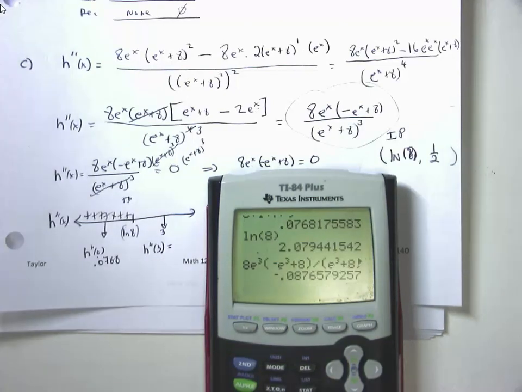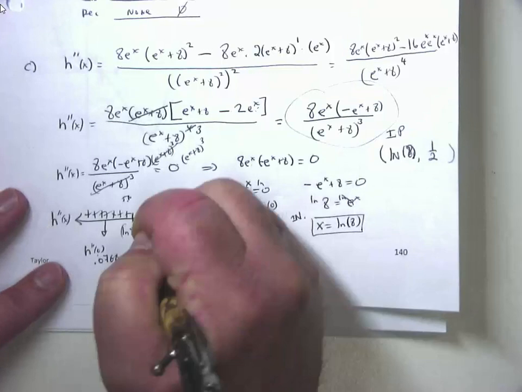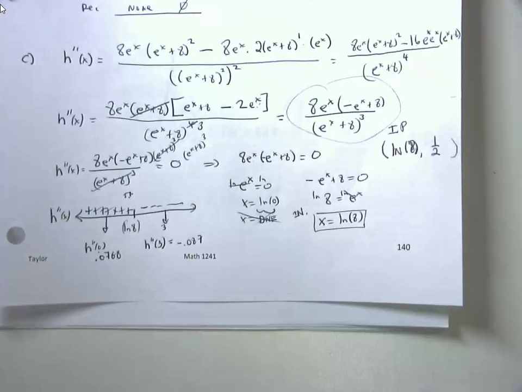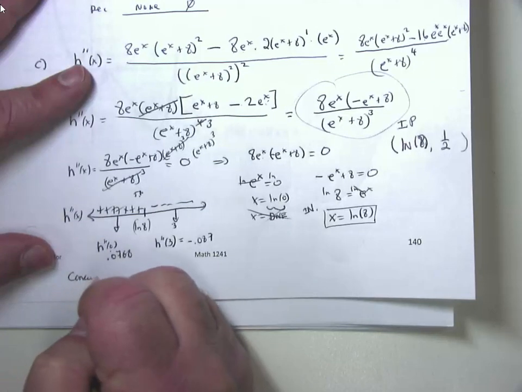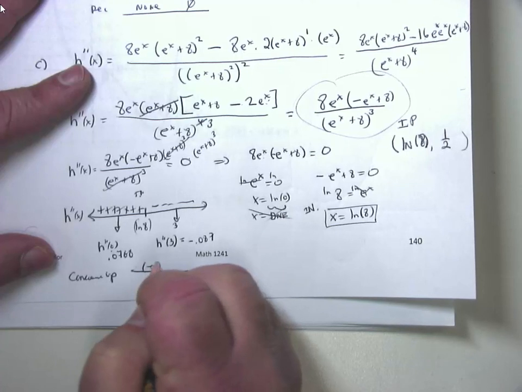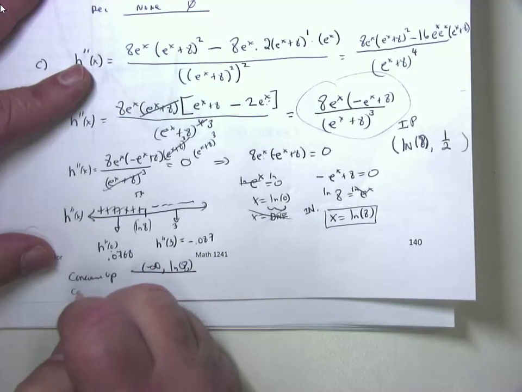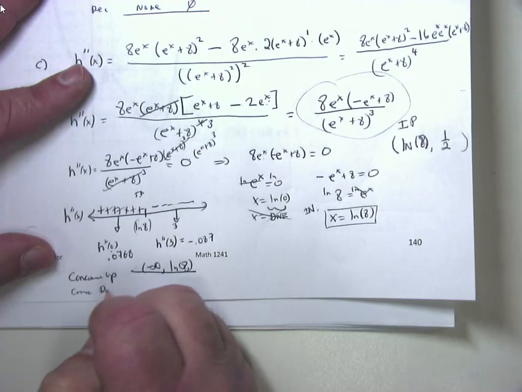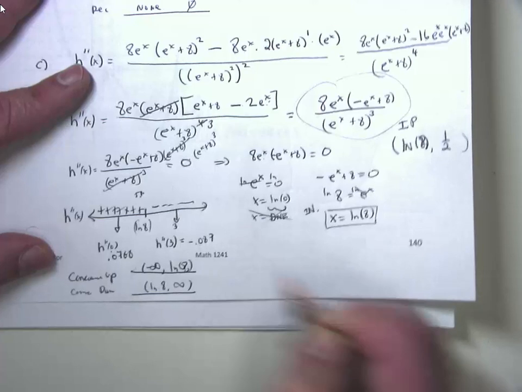You get negative 0.087. I don't care what the number is, it's negative. Does that make sense? Which tells me that it is concave up on the interval from negative infinity to the natural log of 8, and it is concave down on the interval from the natural log of 8 to infinity.